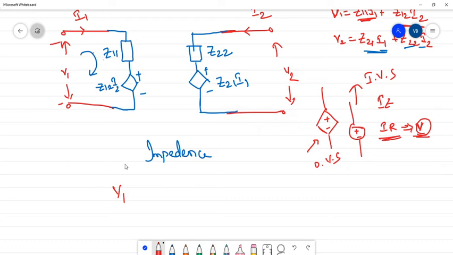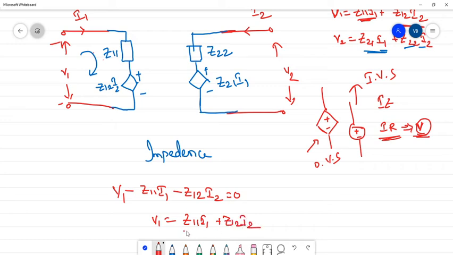Entering at the negative side, that is positive V1, minus the resistance value Z11 with current I1, so Z11 I1. And this is a voltage source, current entering at the positive terminal, so that should be negative, that is Z12 I2, equals 0. So what you get is V1 equals Z11 I1 plus Z12 I2.